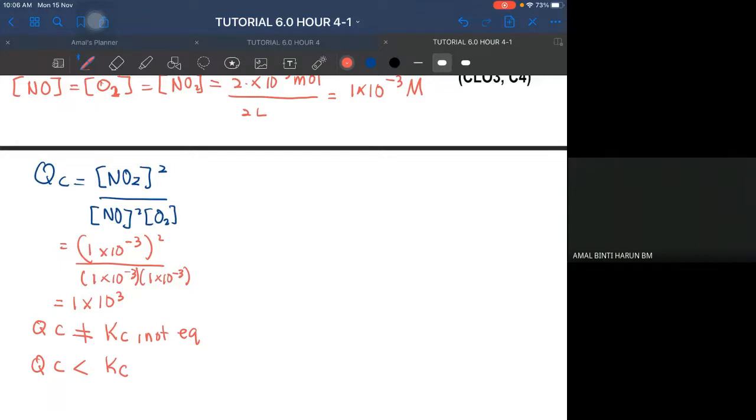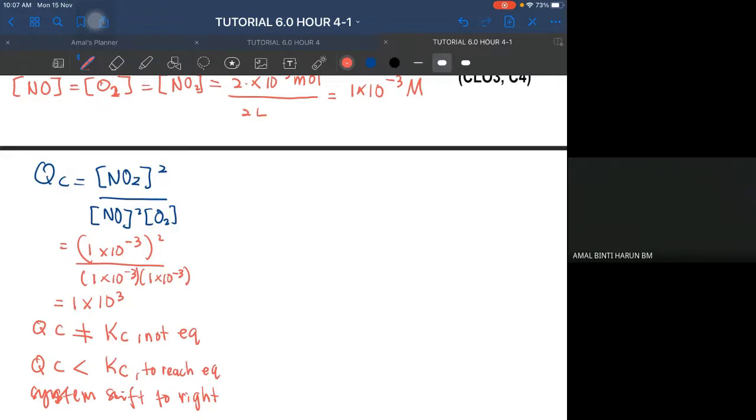So buat Pacman, Pacman kata pergi ke mulut dia, ke kanan. Maksudnya to reach equilibrium, system shifts to the right. So dia akan pergi ke kanan untuk reach equilibrium.